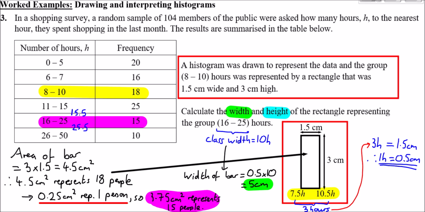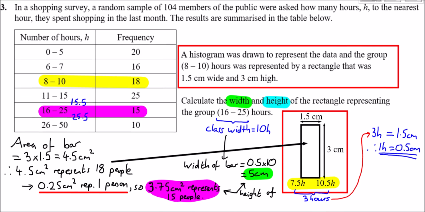So we're nearly there now. We know the area we need to represent is 3.75 cm squared, but we know the width of the bar is 5. So based on the fact we want the area to be 3.75 and the width is 5, we can put these two values together to formulate what the height of the bar must be. I'm going to give in, I've run out of space. I've tried to squeeze it all in. I've failed. Boo-hoo.